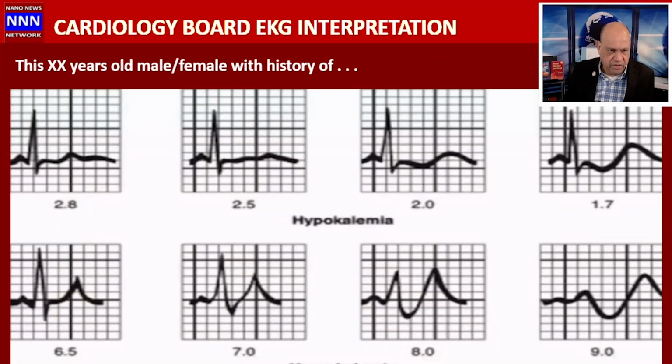And let's talk about some T wave changes, ST-T changes, and QRS changes we see with hypokalemia and hyperkalemia. When the potassium level drops, we see flattening of the T waves and development of U waves, and as it goes further, the T waves become flat, they can become biphasic, and when the potassium level is 1.7, you see a drop in the J point and a biphasic T wave.